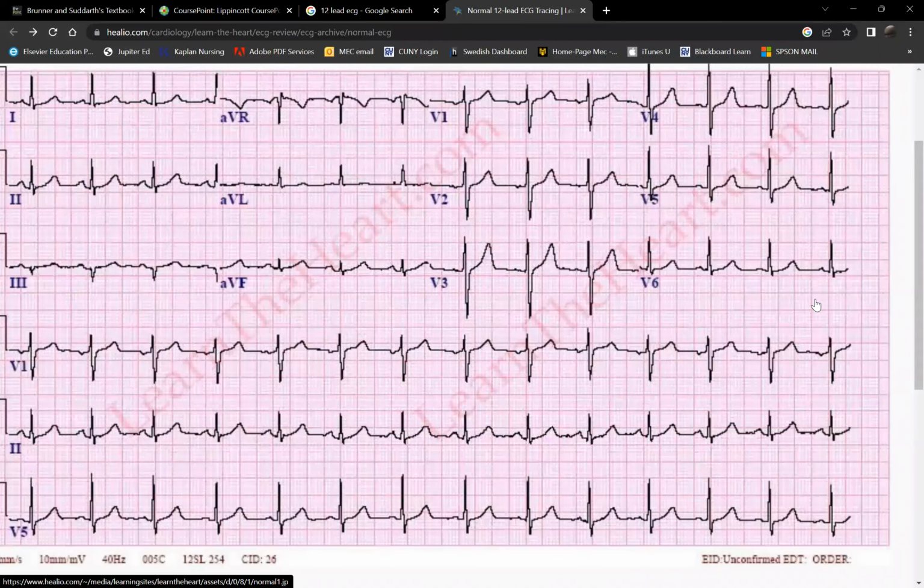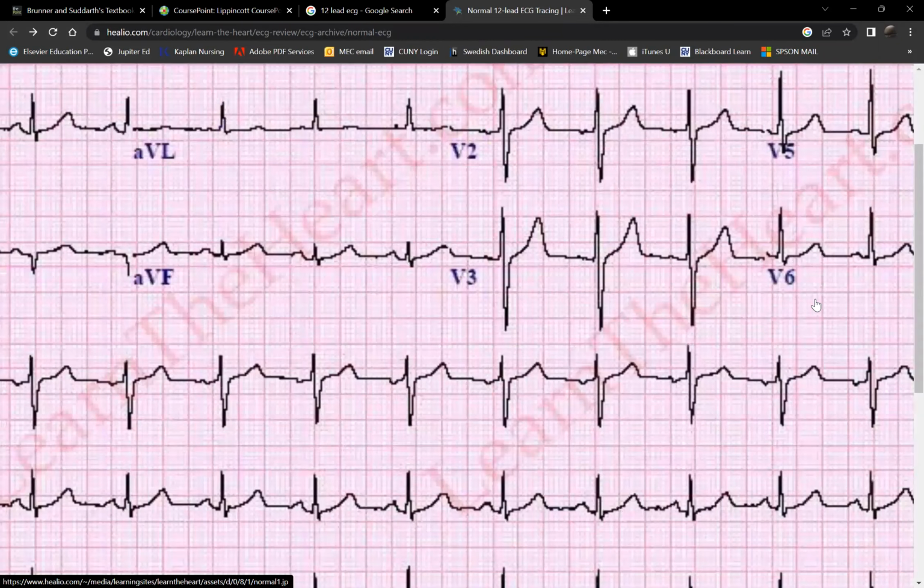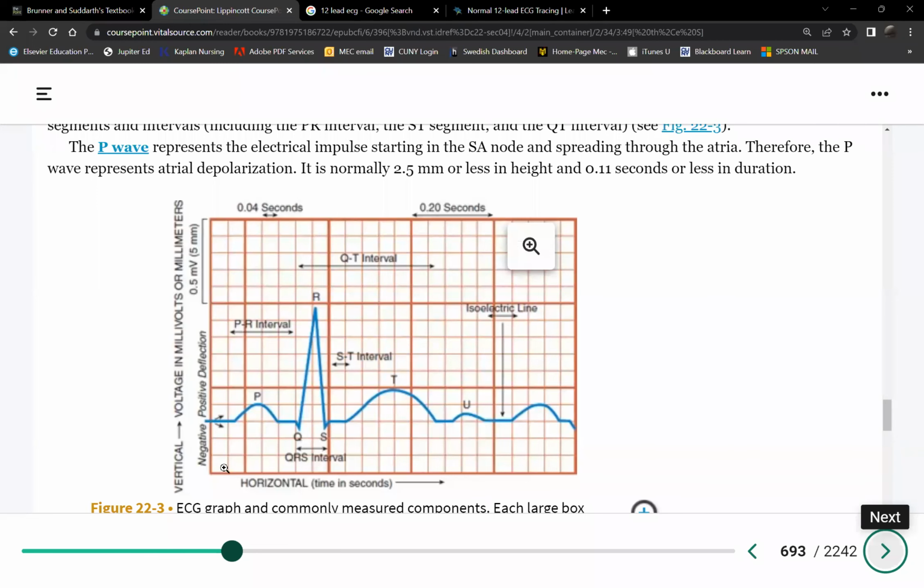Now, if I magnify it, that's as big as I can get. You see the P wave and the QRST and the T waves here? Does the P wave and any other complex here fall on a solid line? None of them do. So only here do you see them on a solid line.